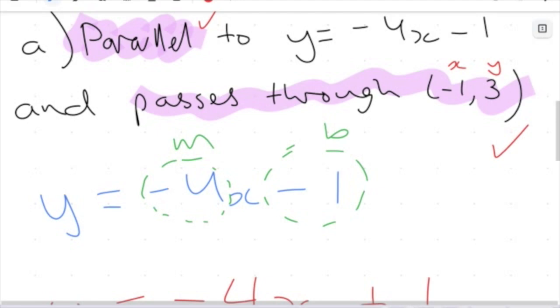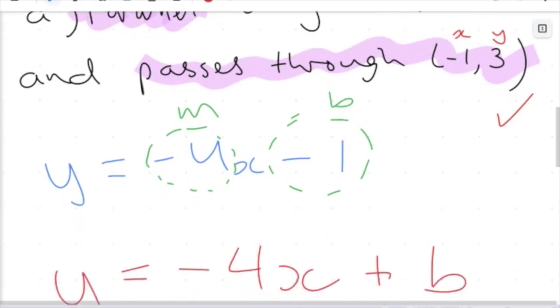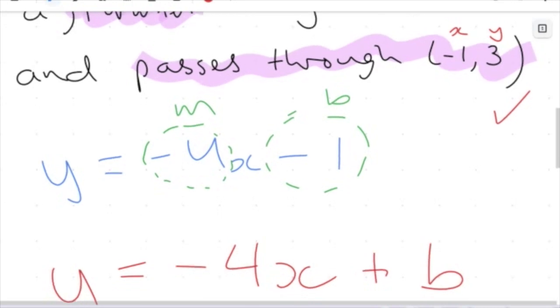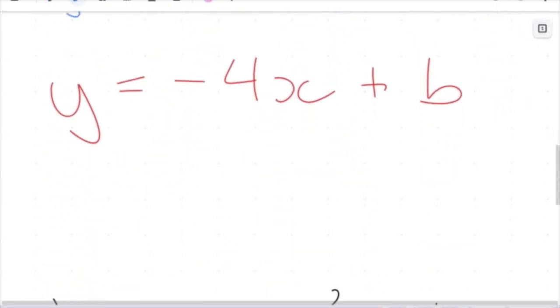Now, if you remember everything we've been doing with linear relationships up to now, as we talked about in the previous video, when we know that a point is on a line, or that a line passes through a point, these values of x and y, when you substitute them in, are going to make this equation true.